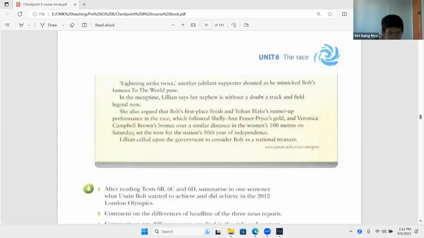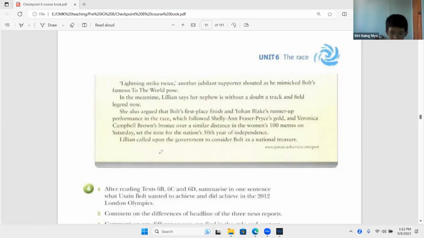He also argued that both first place finish and Johan Blake's runner-up performance in the race, and Veronica Campbell's bronze over a similar distance in the women's 100 meters on Saturday, set the tone for the nation's 50 year of independence.